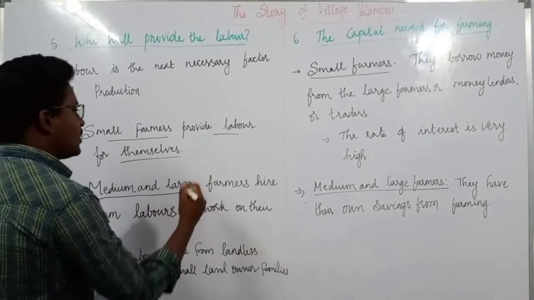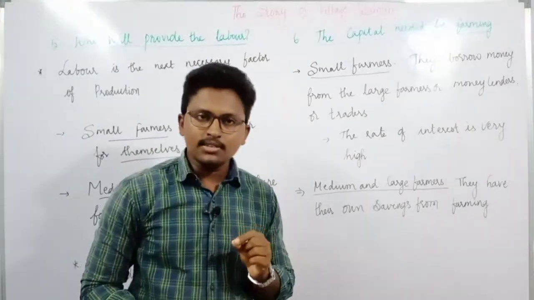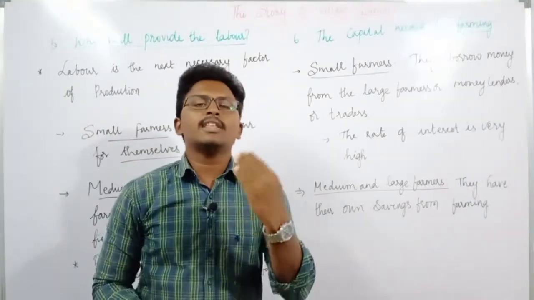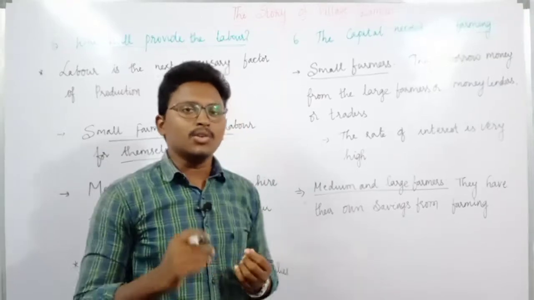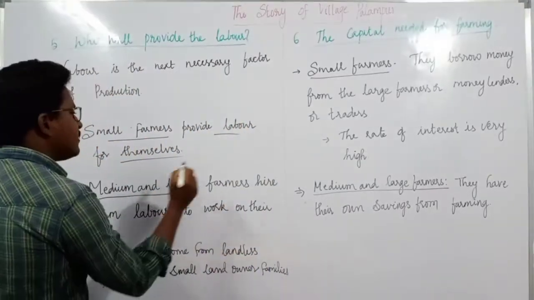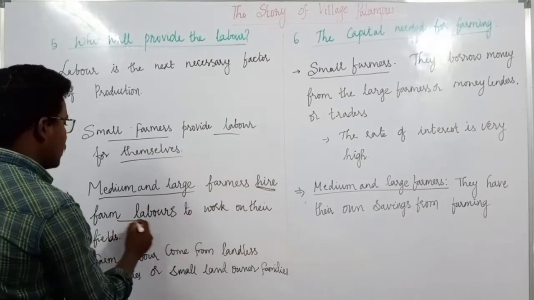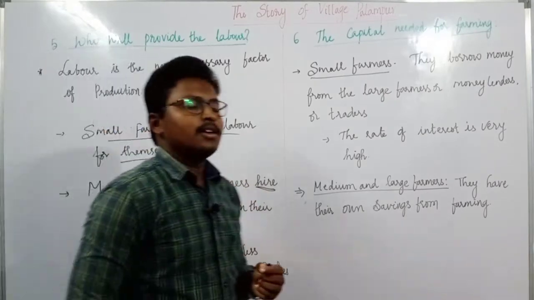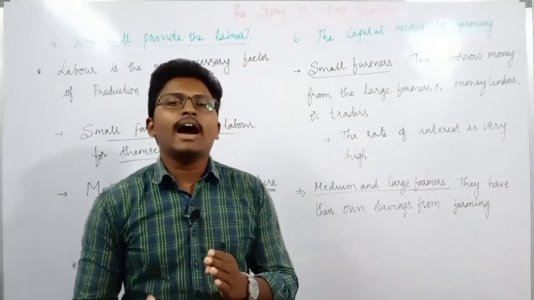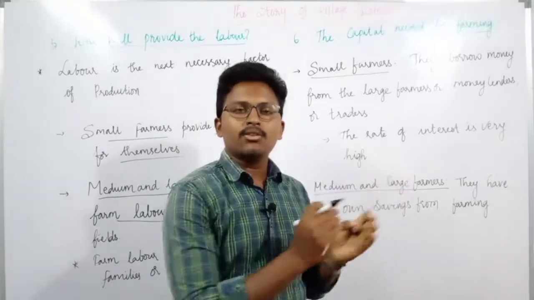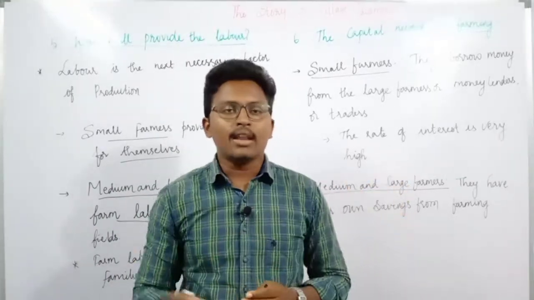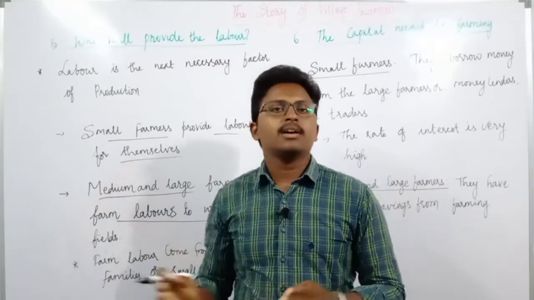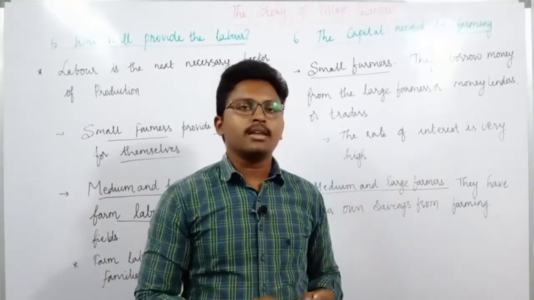Then the next one is medium and large farmers. Where will they get their labor? What they are saying is that medium and large farmers hire farm laborers to work on their fields. Hiring means recruiting or taking labor from landless people or small farmers and making them work on their fields.